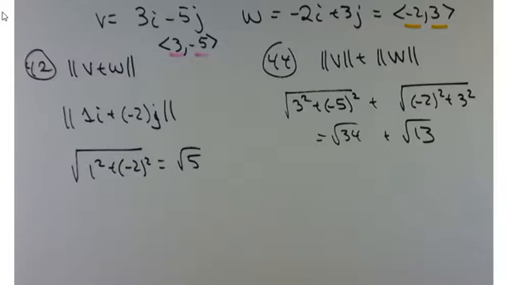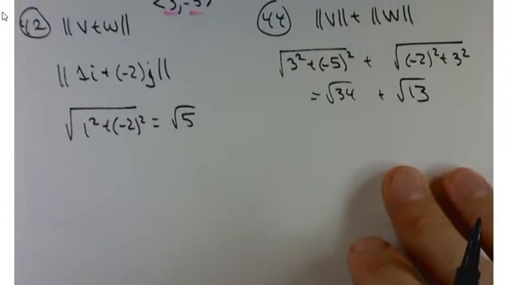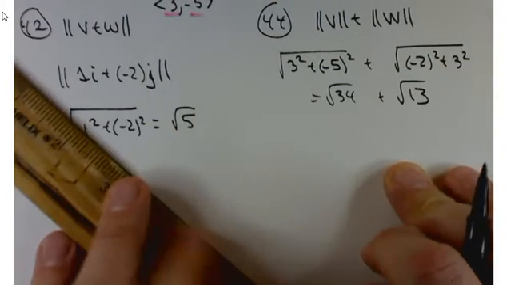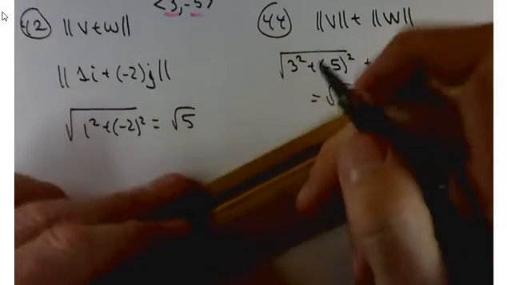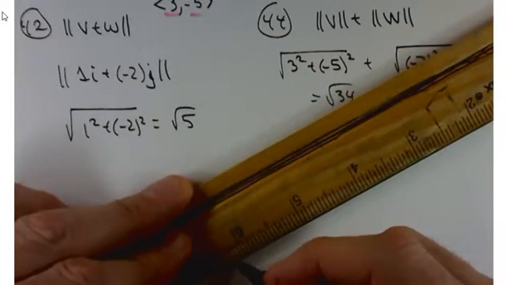Let me give you a little geometric interpretation for this. If you have two vectors, say A and B, and you add them together, kind of put them together, you get a triangle.